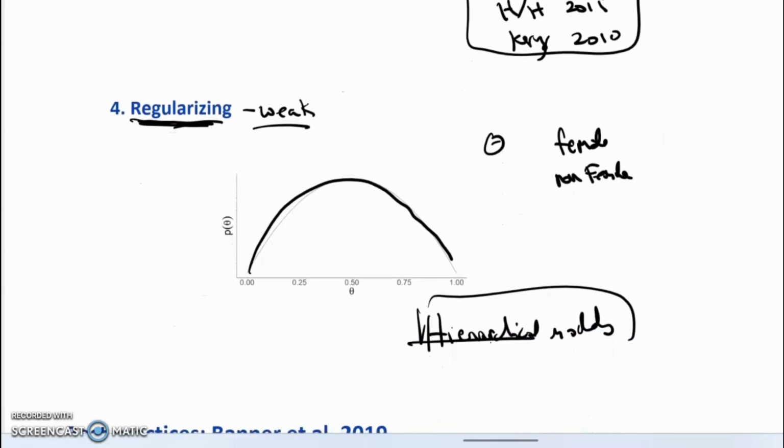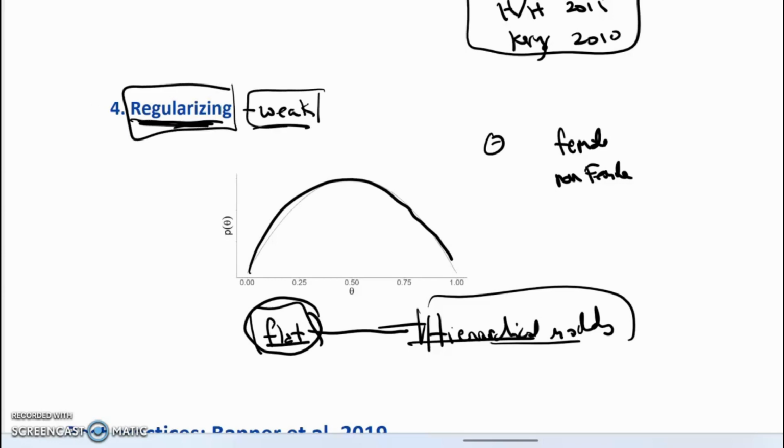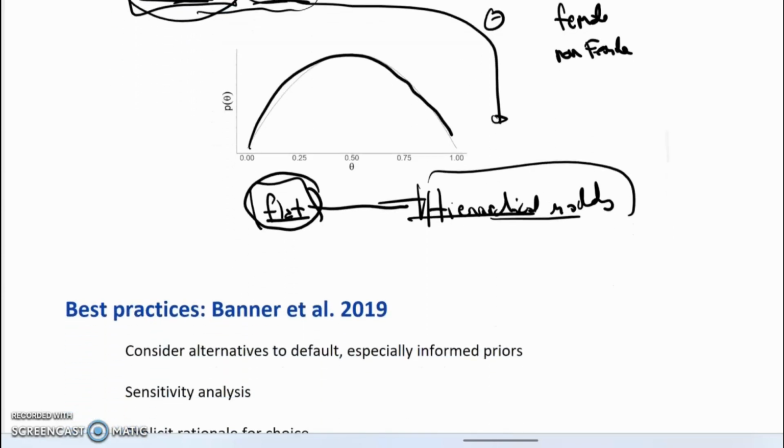People are going to try to run a hierarchical model with a flat prior, and the model is going to crash. But what often happens, if the flat prior causes the model to crash, is that sometimes using a weak prior, a regularizing prior, works. The whole idea about regularizing is that it provides just enough information to permit the model to run.